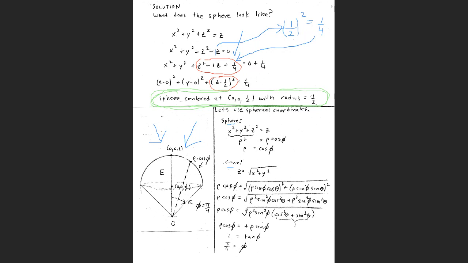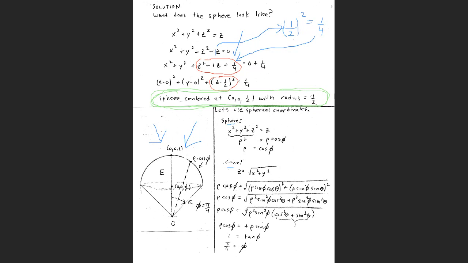Okay. So now if we're gonna do the integration in terms of spherical coordinates, we have to convert these equations of the sphere and cone so that they're spherical equations.